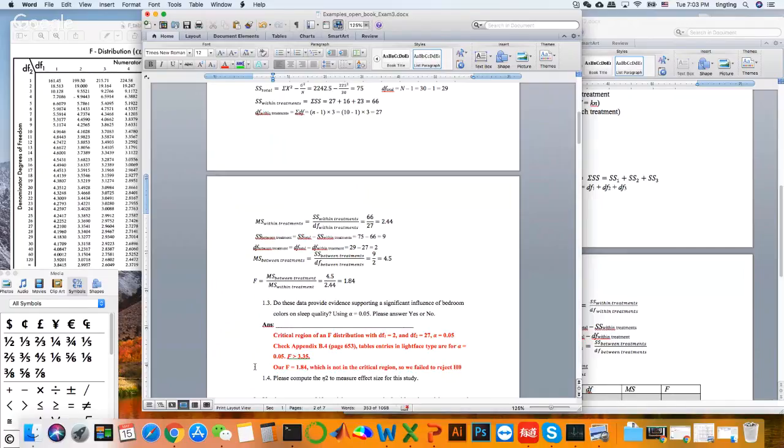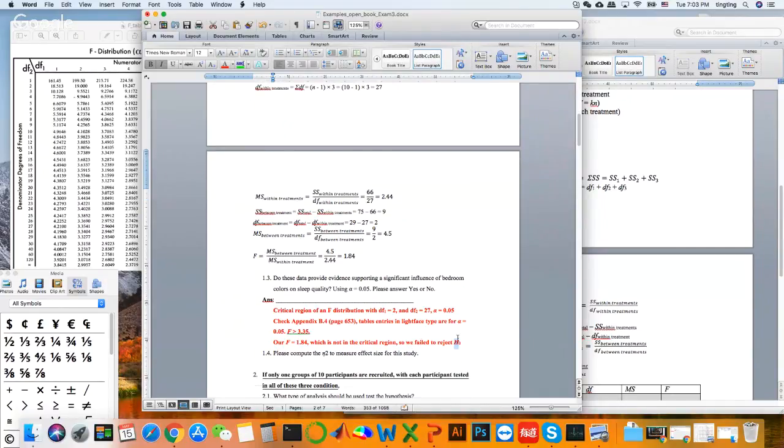If you don't understand this part, when we need to reject H0 and when we fail to reject H0, you have to go back and ask me, which is the most important part in the course.